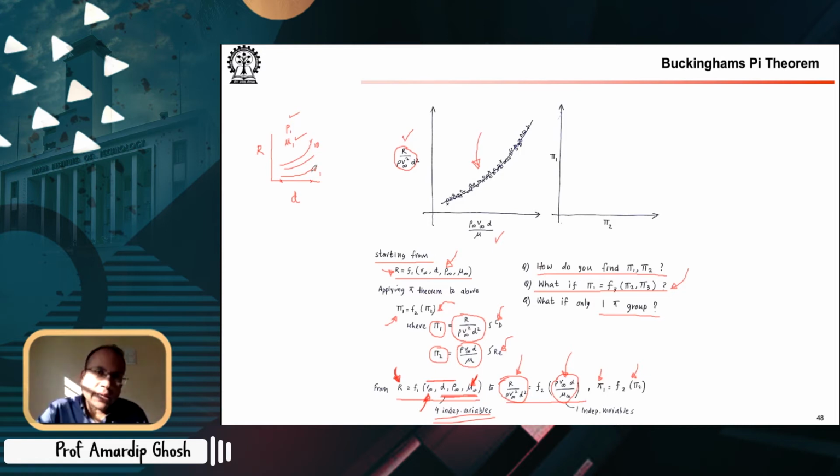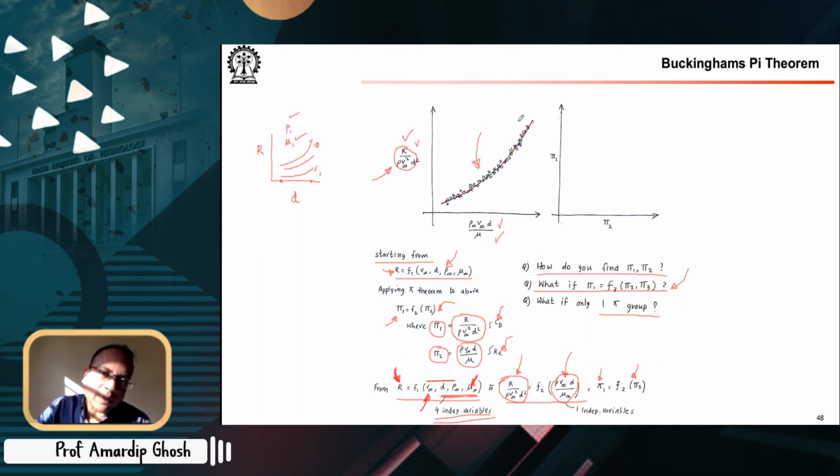So by changing, from test to test, your rho v infinity d can vary, your r will vary, so you calculate this number. Similarly, from experiment to experiment, your rho will vary, u will be different, diameter of the cylinder can vary, mu can vary. But when you plot this value versus this value from different experiments, you will see that the data is collapsing around some functional relationship line. That is the power of this approach.